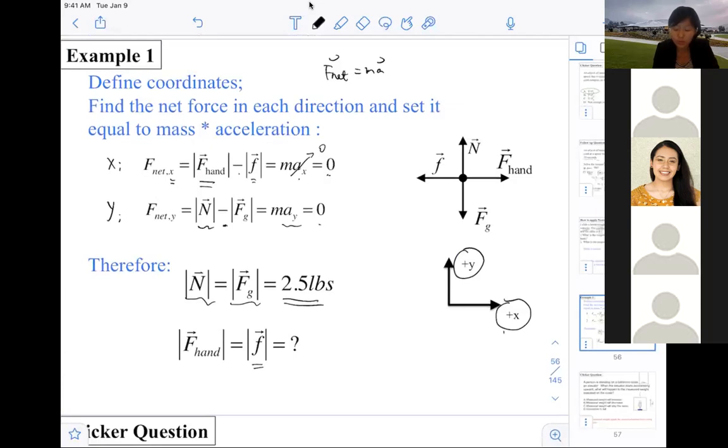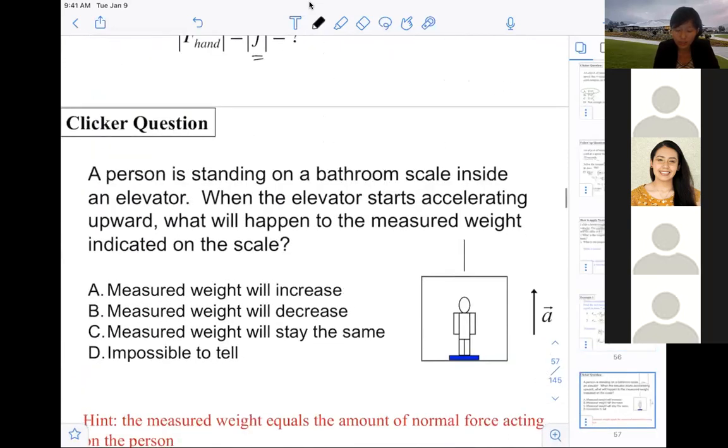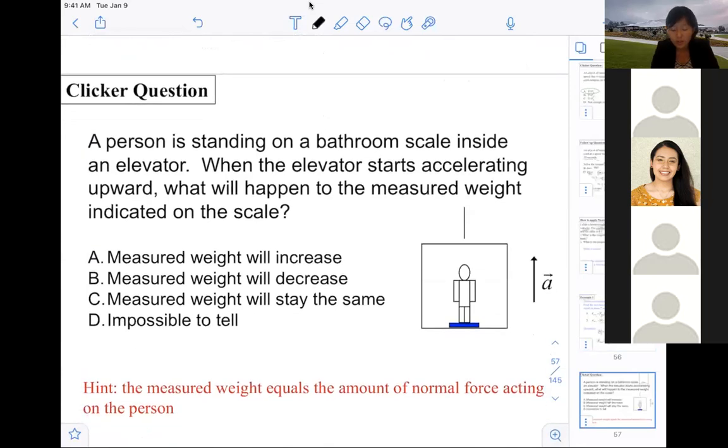So now let's move on to looking at more on the normal force. When we say something is sitting on the table, or even if it's moving with a constant velocity, the normal force is easy. It's just going to equal the weight. Here we're looking at a little bit different situation. You have a person standing on a bathroom scale, and that whole thing is put inside an elevator.